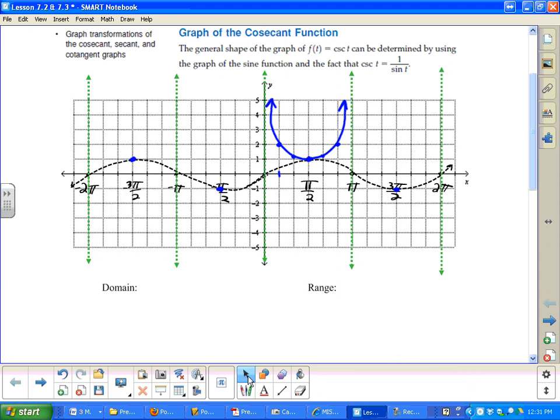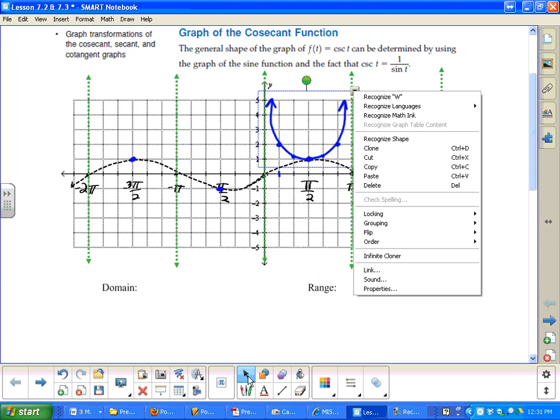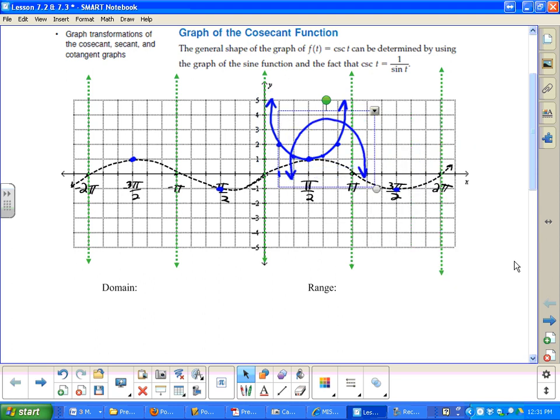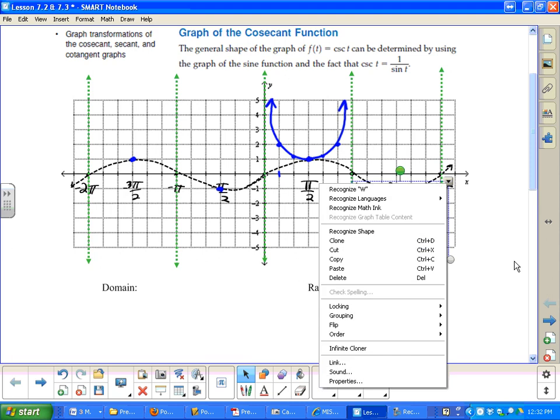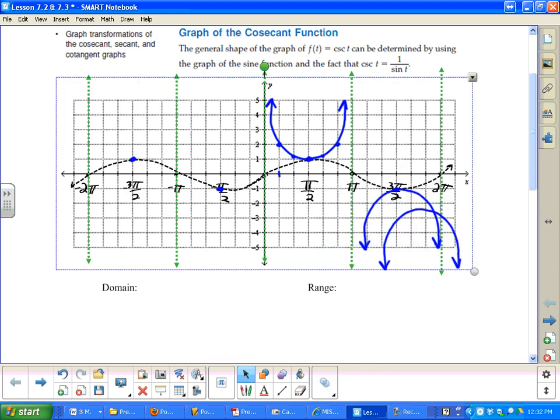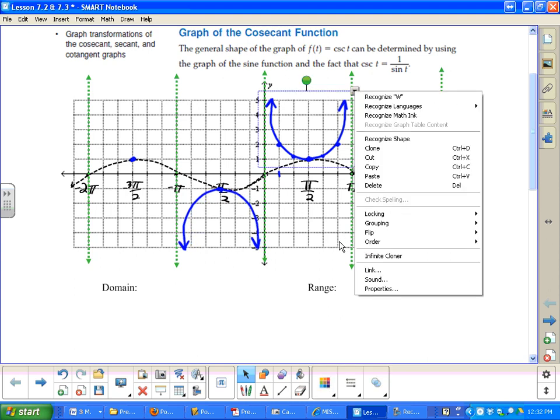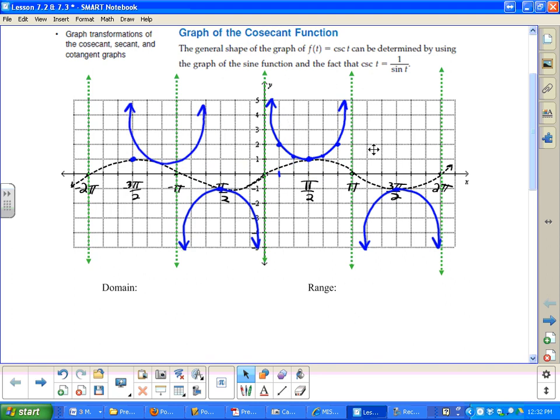It's in the negative. So it's going to look like this. So there's our graph of cosecant.